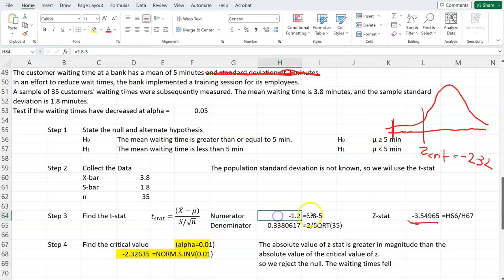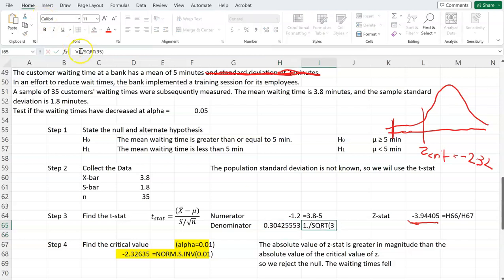So my numerator is still 3.8 minus 5, but my denominator now will be 1.8 divided by the square root of 35. And my z-stat, instead of z-stat, this will now be the t-stat. So my t-stat is 3.94.